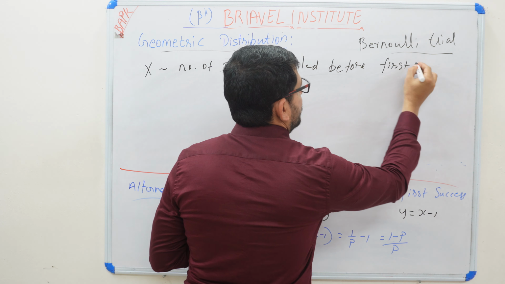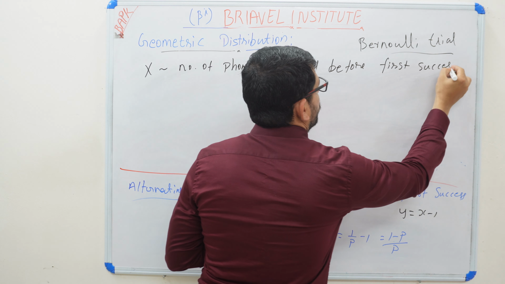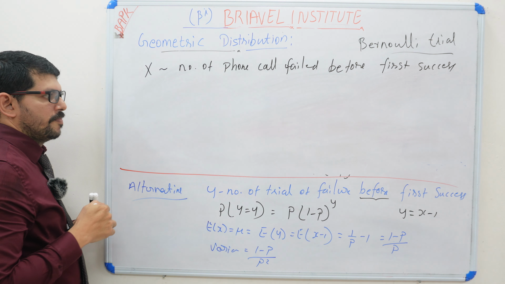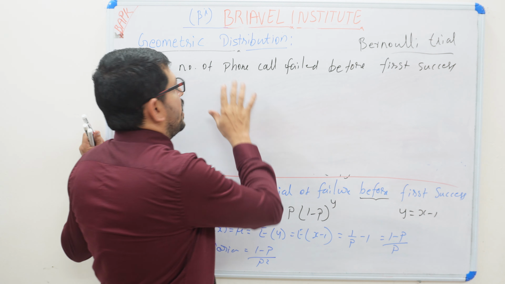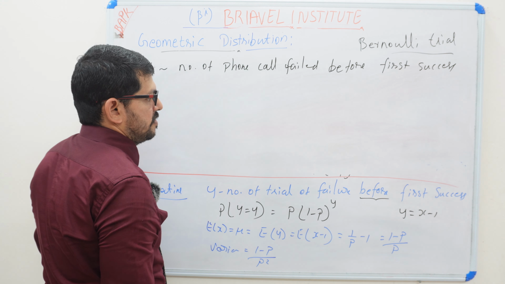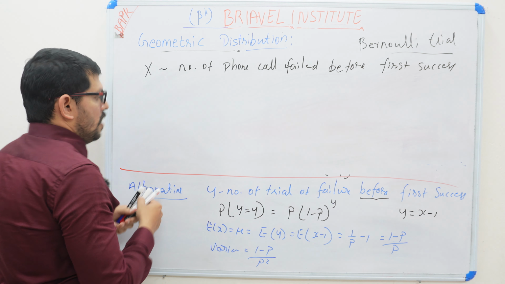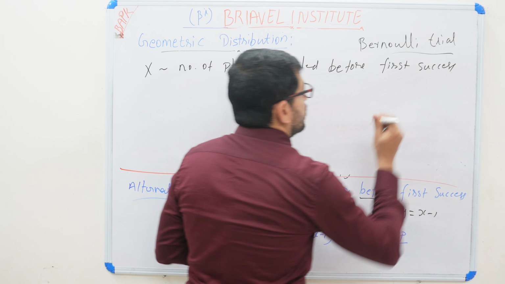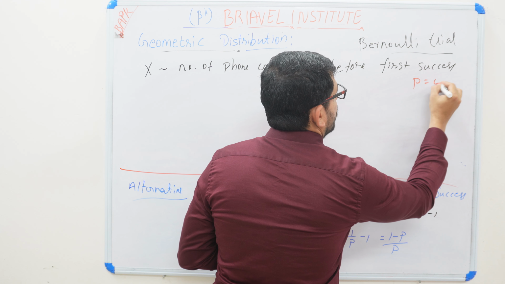So X I defined as the number of phone calls failed before the first success. And what is the success? Success ratio P is equal to 0.1.